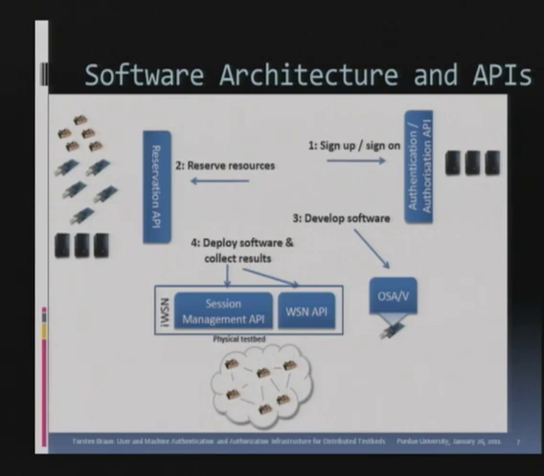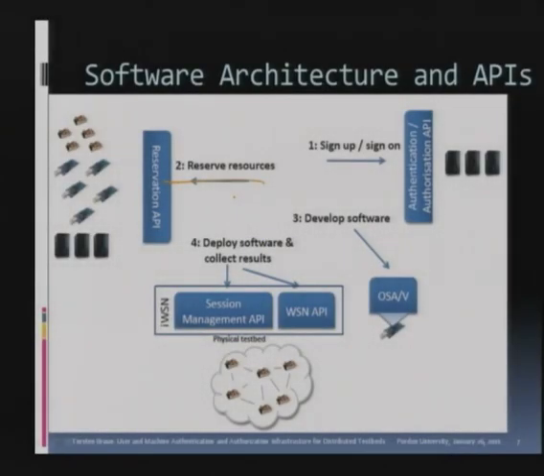And since a few research groups are also very active in web services, the proposal was to use web services as a kind of technology for implementing these APIs. So you see here different APIs, and all the APIs are web service APIs. So basically, if you want to reserve sensor nodes, you send a web service call to this reservation API, and then a complete network site is reserved, or maybe only a few nodes of that site.